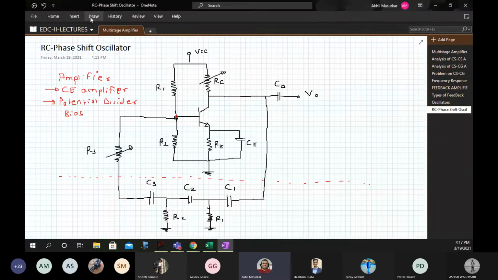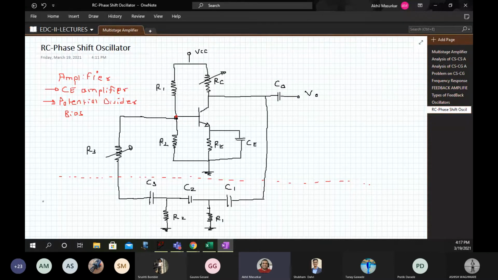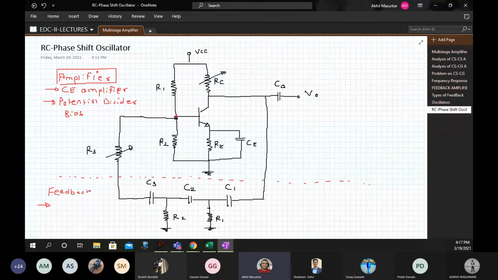So above the red line is the amplifier network, and below this we have our feedback network.